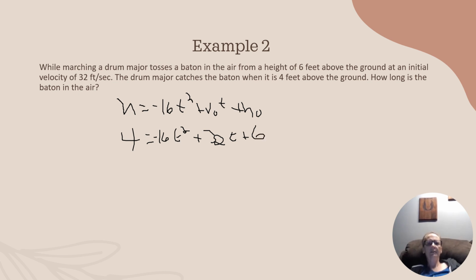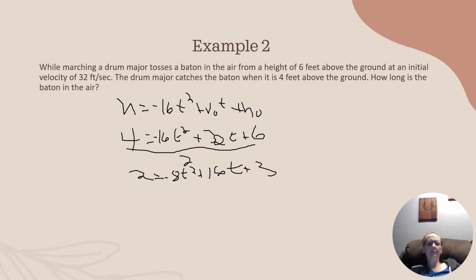All of these things are divisible by 2, so we'll divide everything by 2 to start, just to make this a little easier for ourselves. So 32 divided by 2 is 16, and 6 divided by 2 is 3.